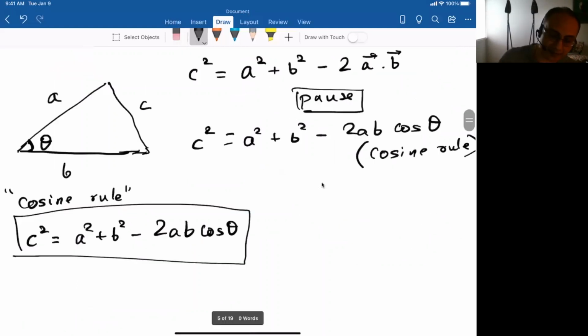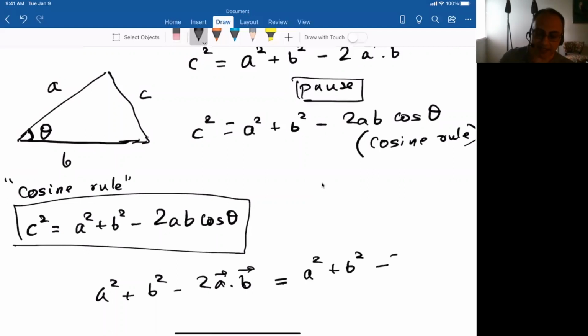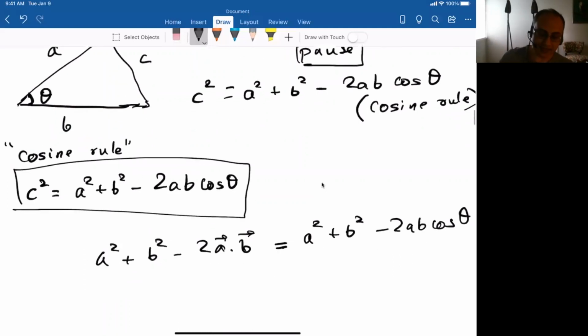Let's set them equal. If you set these two equal, you get A square plus B square minus 2A dot B, which is what we got from vector analysis. That must be the same thing as A square plus B square minus 2AB cosine theta, which is what we got from the cosine rule. So this came from vector analysis, and this came from the cosine rule.